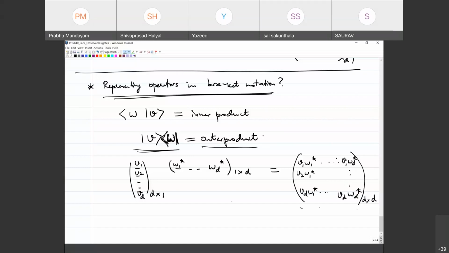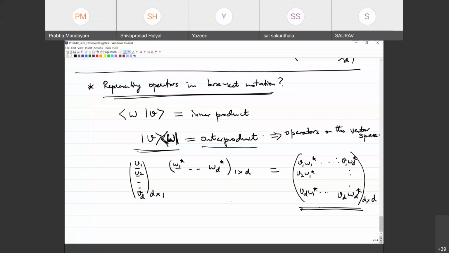Okay, so the outer product thus represents a larger dimensionality object, and that is indeed operators on the vector space, right? So I hope you see the difference between these three kinds of objects. One is the vectors which belong to the vector space. Now, out of these vectors, you can make two kinds of products.